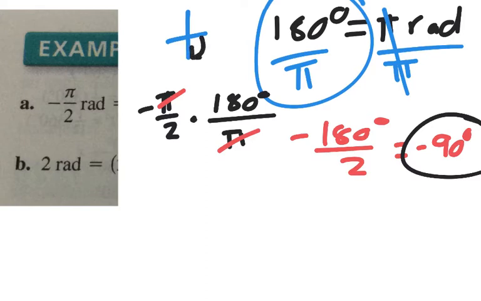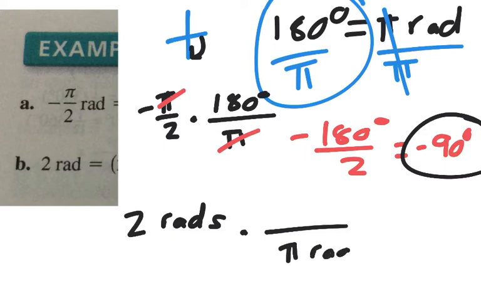And then B part, this one's kind of an odd one because there is no pi. So people get confused. They think I didn't see a pi, so that means this must be in degrees. That's not true. This is 2 radians. So because it's in radians, I need my radians to go in the denominator so that they cancel, which means 180 degrees goes in the numerator.